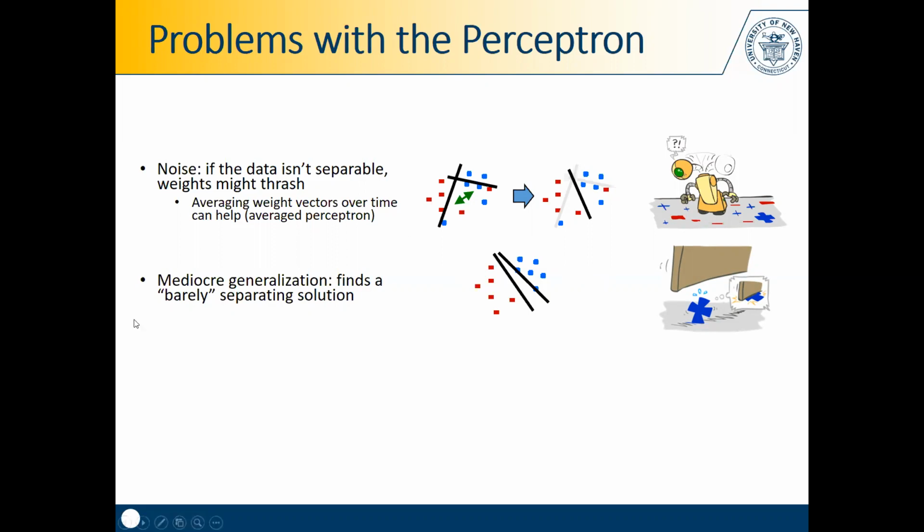That's called generalization, right? Imagine that we have this decision boundary between these two classes, and imagine we train our model, we come up with this decision boundary for this particular class. What happens if our next blue sample falls here?